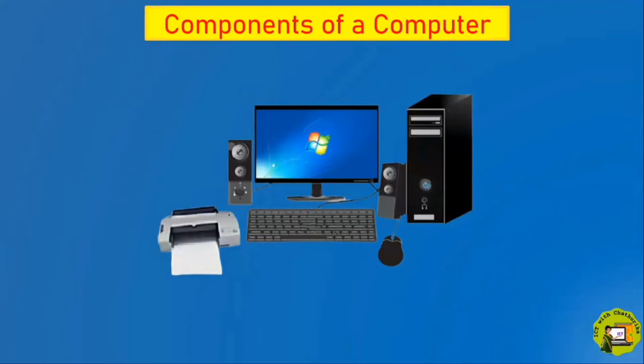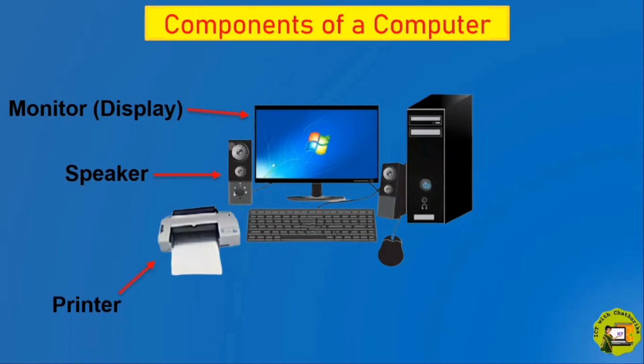Components of a computer. What are the components of a computer system? Monitor or display, speaker, printer, keyboard, mouse, and the system unit.